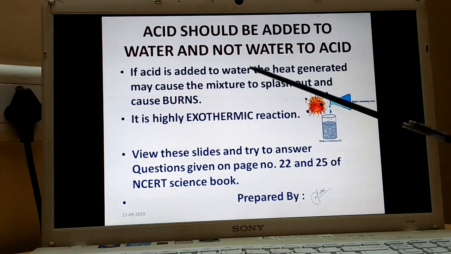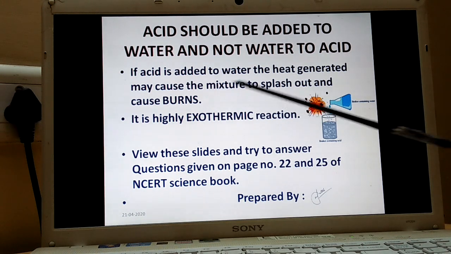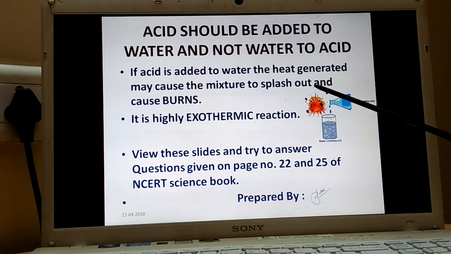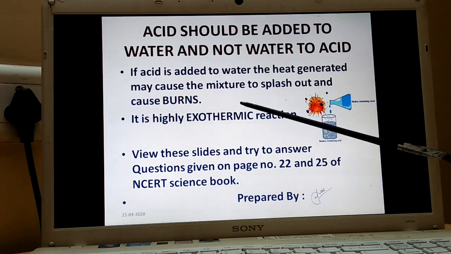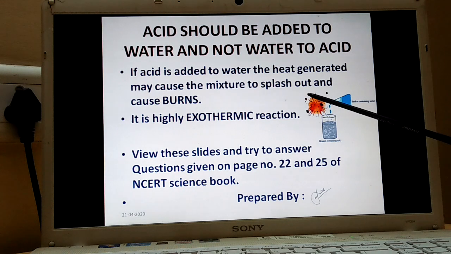If acid is added to water, the heat generated may cause the mixture to splash out and cause burns, because this reaction is highly exothermic.